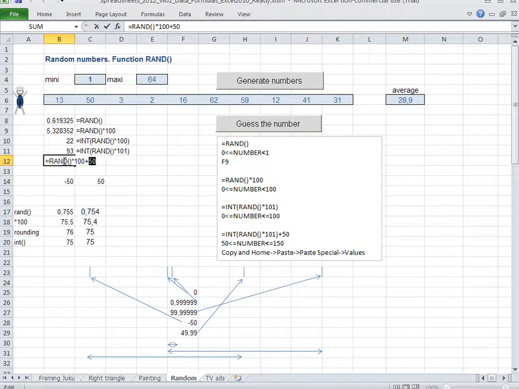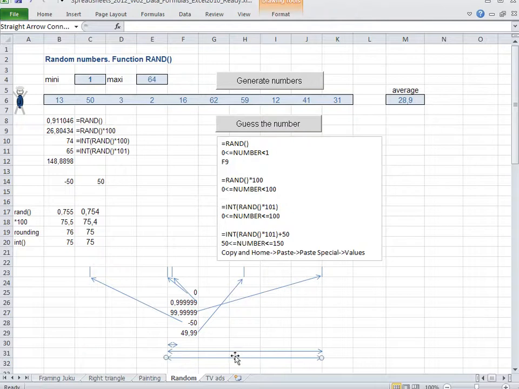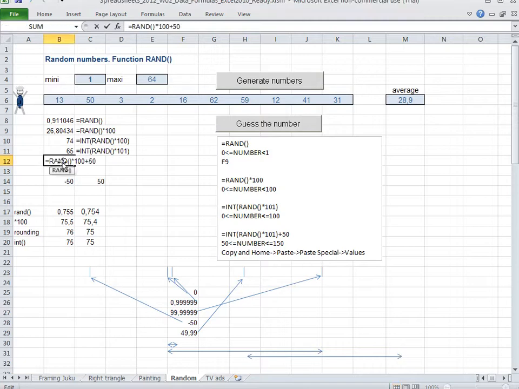And the biggest number used to be almost 100, and now plus 50, it's almost 150. So we kind of shifted it from being between 0 and 99.99 to being between 50 and 150.